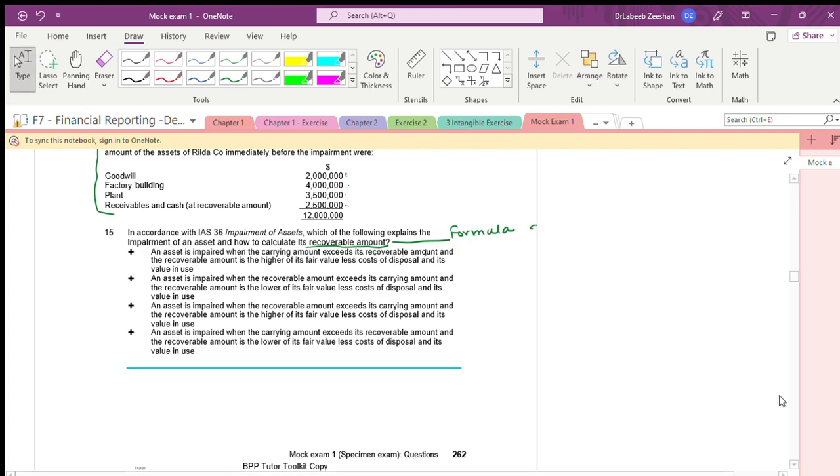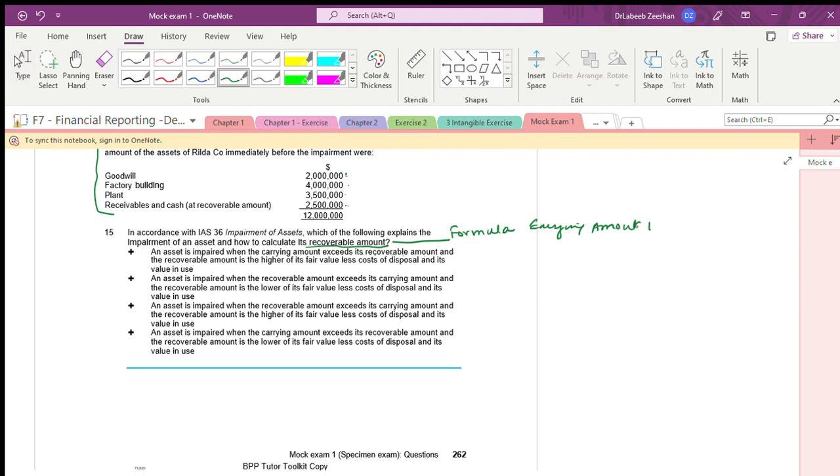Understand the point? Carrying amount is carrying amount. See, what is the impairment? Impairment is carrying an asset when the carrying amount exceeds its recoverable amount.